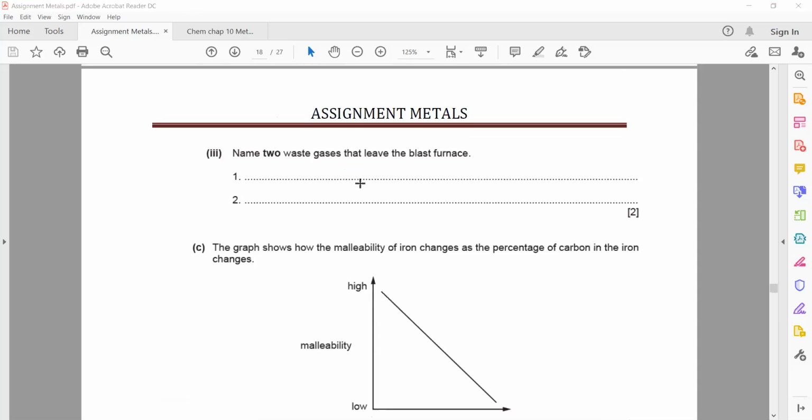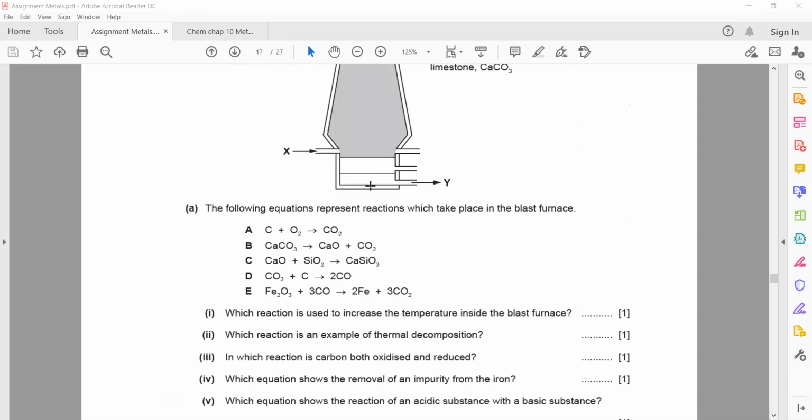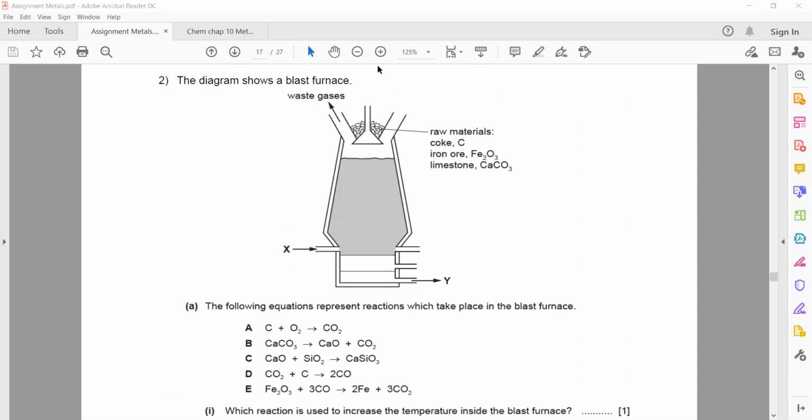Name the two waste gases that leave the blast furnace. Which gases will escape from the blast furnace? Two gases. Carbon dioxide is one.